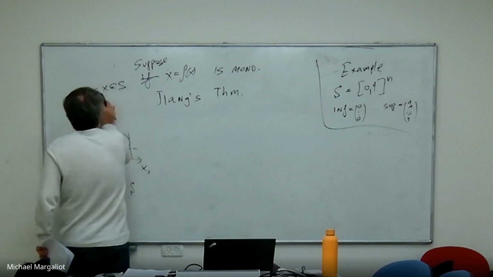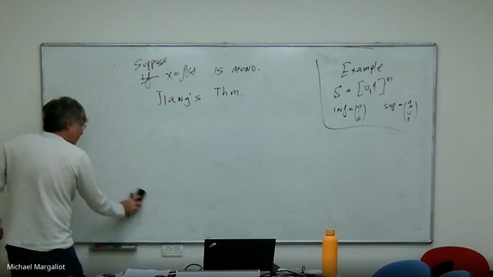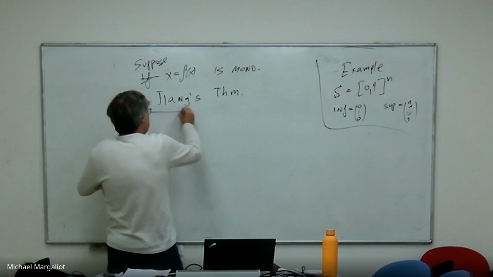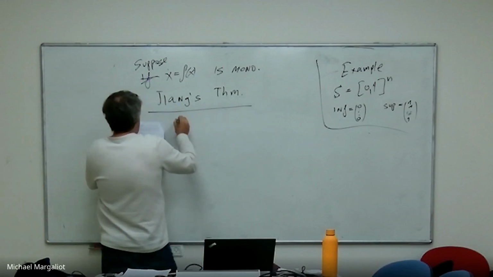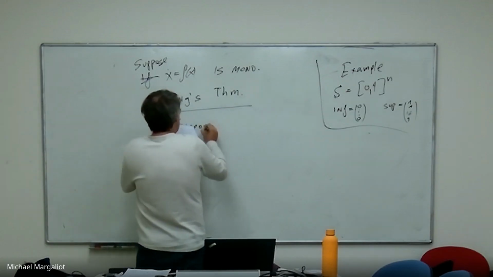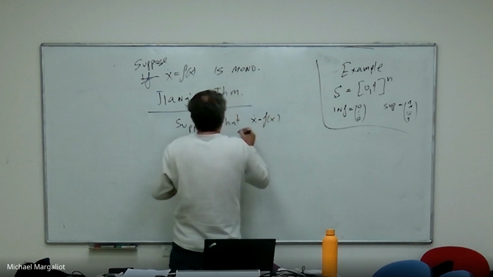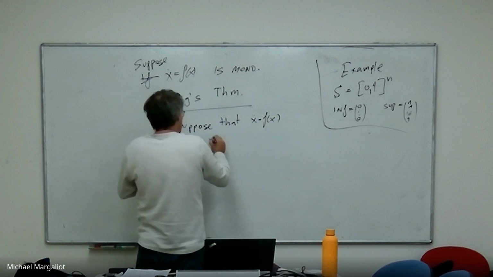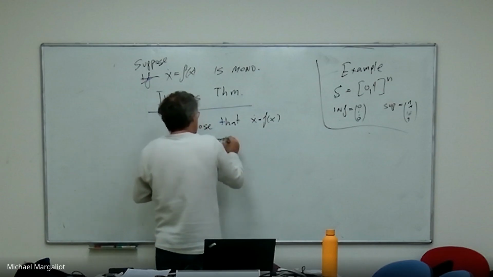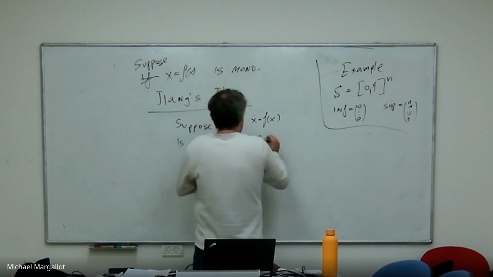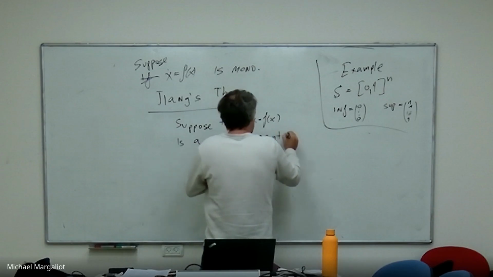I erase this. And I state Jiang's theorem. Suppose that x dot equals f(x) is a monotone, let's say cooperative, system. Well, cooperative implies monotone.